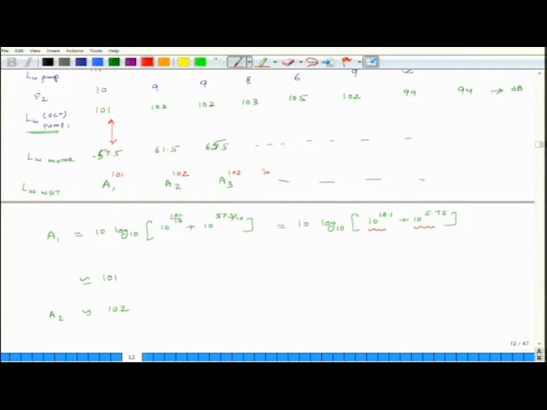So, the point is that if you come across such large differences, you do not have to spend too much time in computing, adding up the power levels. You can directly write, but you have to have a feel, I mean, how much difference it will create. Okay. So, that is there.